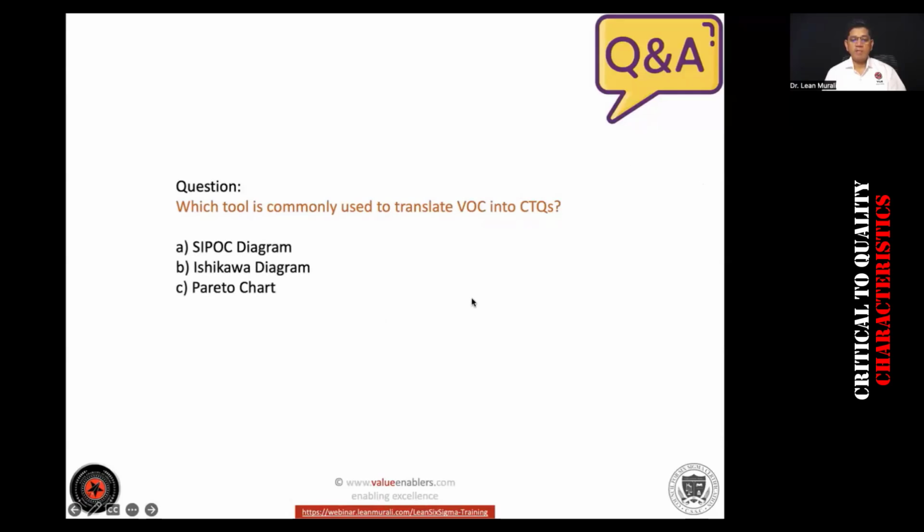SIPOC diagram, Ishikawa diagram, Pareto charts, or QFD matrix. This is a little bit of a high level question. People who know these tools will know. There is something called the quality function deployment matrix, which I'll take in another session. This is just for your knowledge.